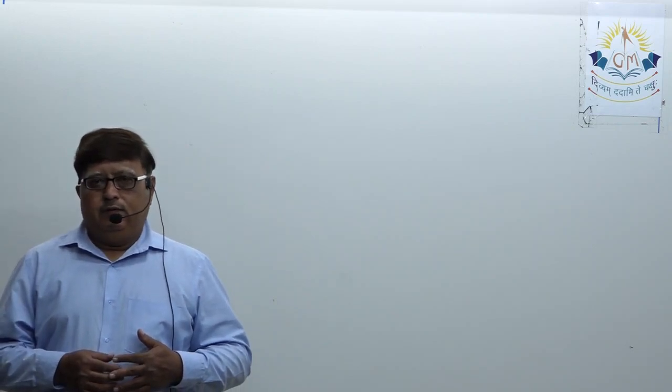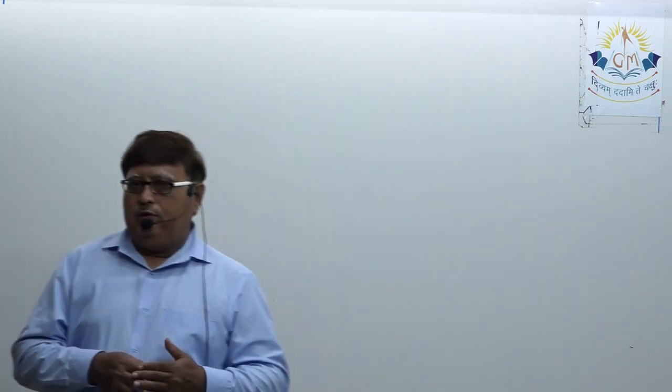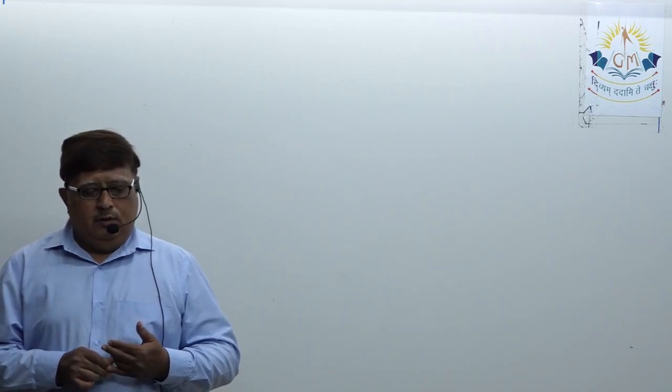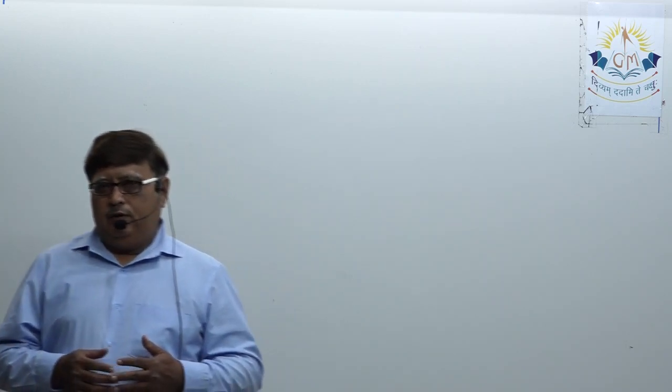In all 5 lectures we have targeted one topic, the topic of variation, where we explained both the types of variation, direct variation and inverse variation, and we have solved examples regarding direct variation and inverse variation. Okay.